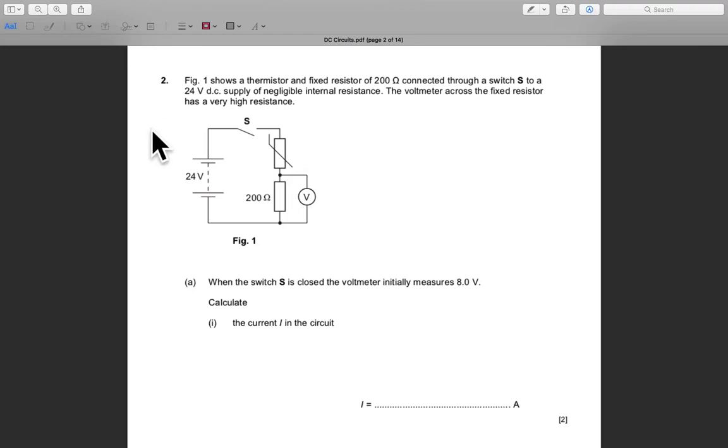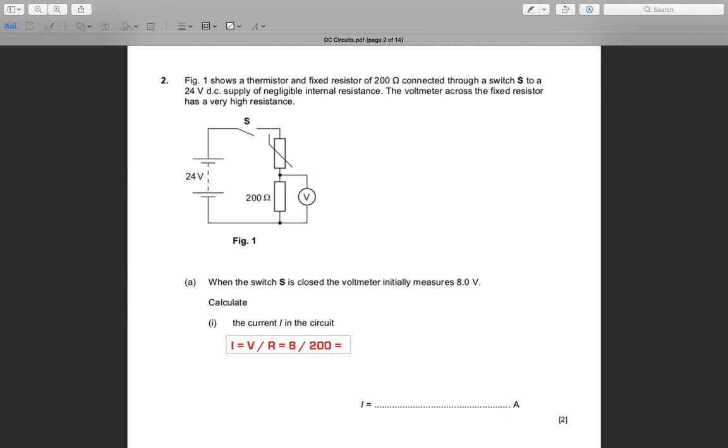This is back again to Ohm's law, I equals V over R. We use V here because when the switch S is closed, the voltmeter initially measures 8 volt, across the resistance of 200 ohms.